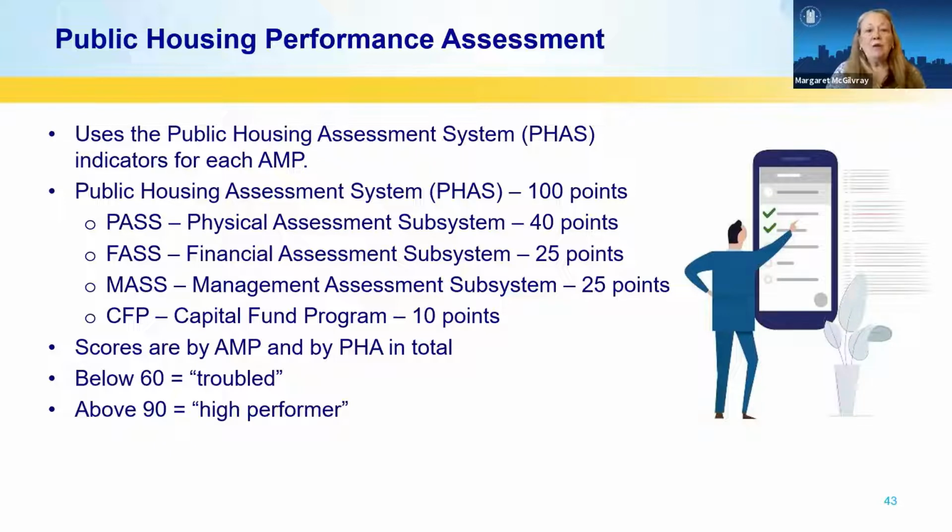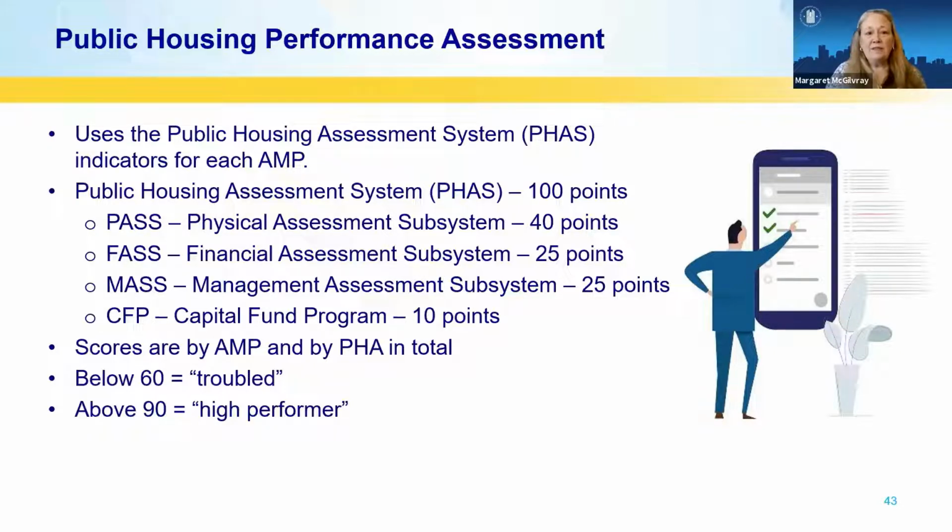Also, whether they are meeting the housing quality standards, whether they are meeting the Uniform Physical Condition Standards, which is called UPCS, and whether when an individual physical inspection occurs, and this is called the REAC inspection. So you may have heard of that.